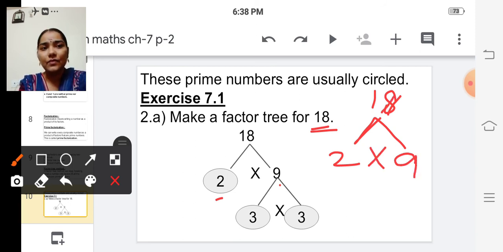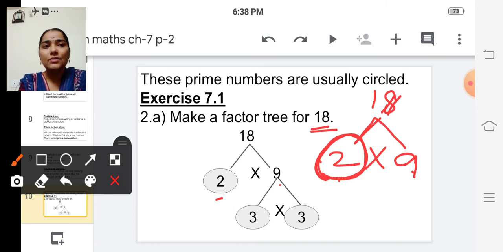So here we got prime number 2. Hereafter we cannot factorize the number 2. So let's factorize the number 9.